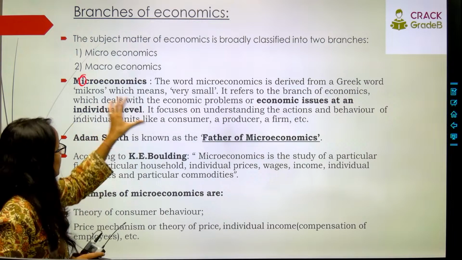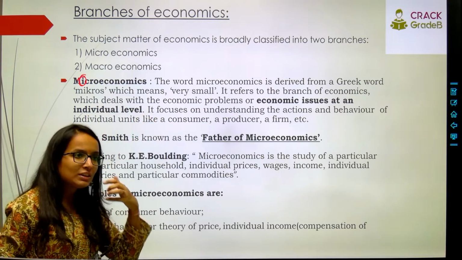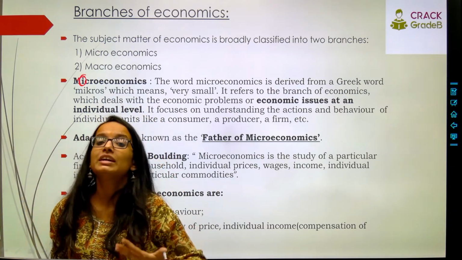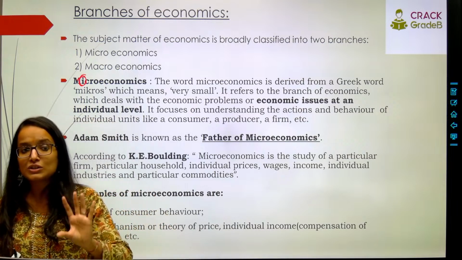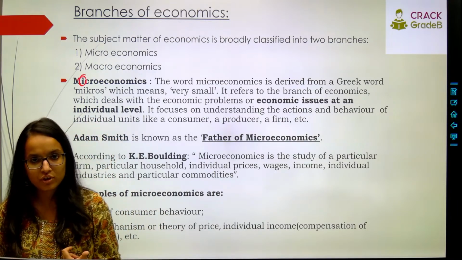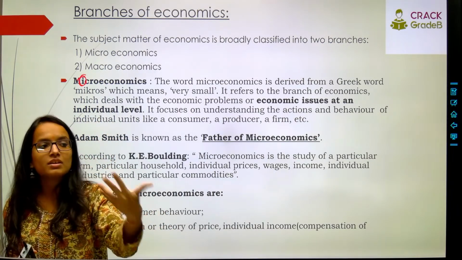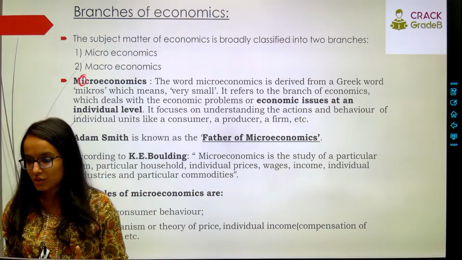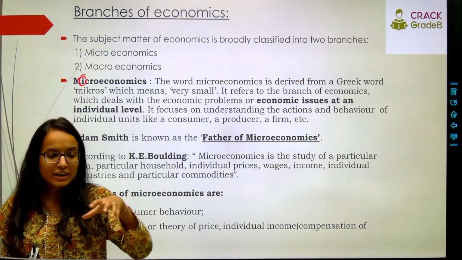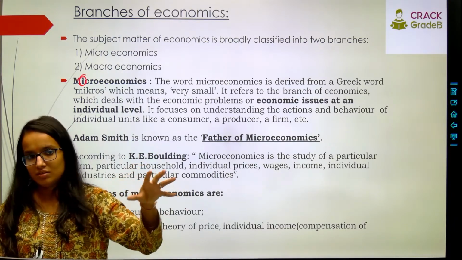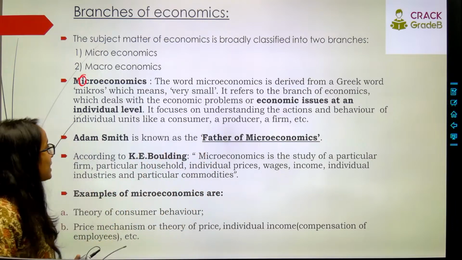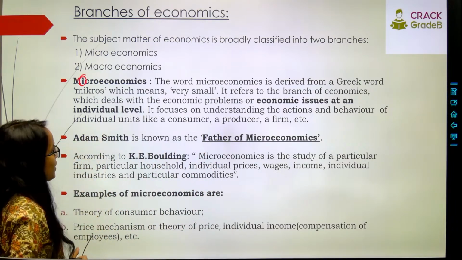So microeconomics deals with all the theories, concepts and behavior of an individual. Like how does a consumer react to an increase in the price of a commodity? How does a producer react to an increase or decrease in the price of a commodity? So individual behavior is dealt with by the branch called microeconomics.